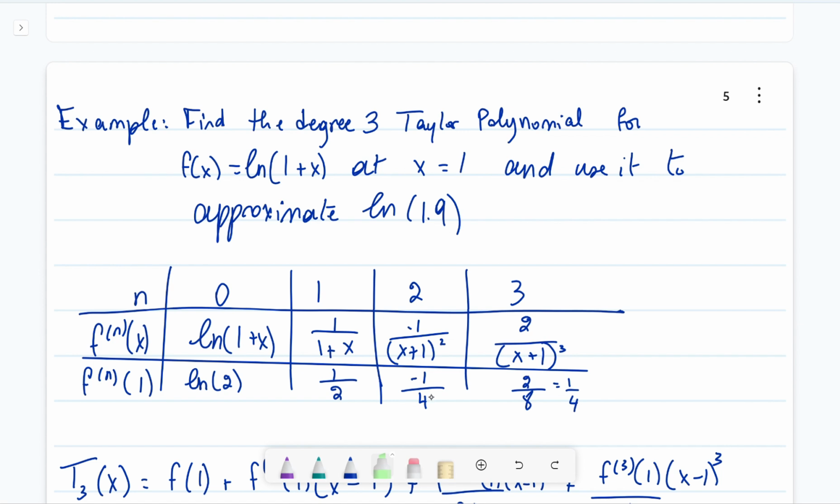We evaluate it at 1 and we get negative 1 over 4. And the third derivative is 2 divided by x plus 1 cubed. We evaluate it at 1, we get 2 divided by 8, which is 1 divided by 4. And if you need extra practice or extra help regarding derivatives, feel free to check our other video about derivatives.